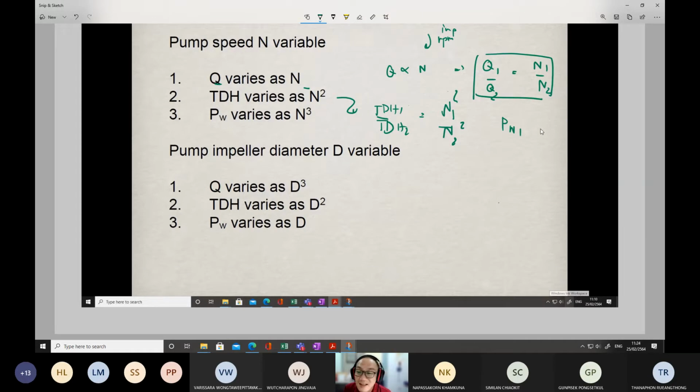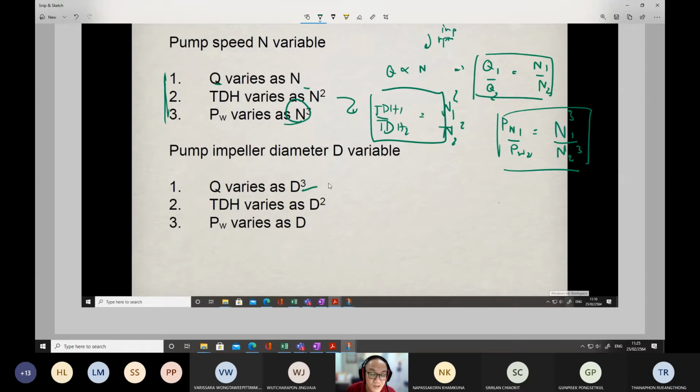Power in the first condition also varies as n to the power of 3, so N1 to the power of 3 over N2 to the power of 3, like that. So these are the relationships we can draw from this information.